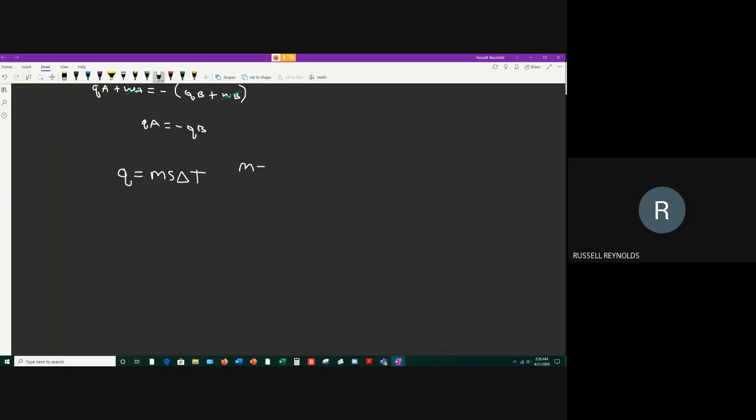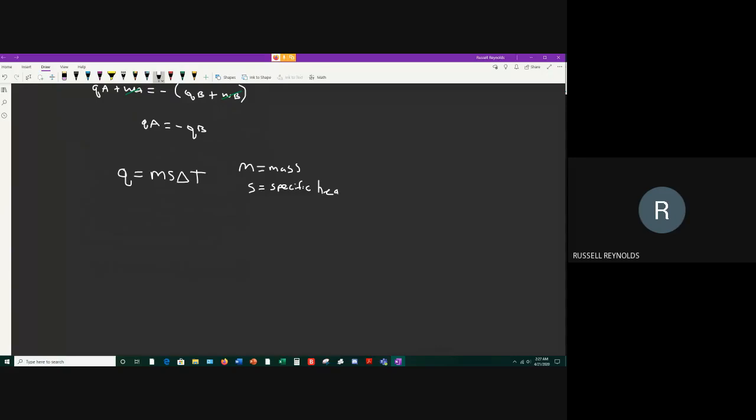So M is equal to mass, usually in grams. So typically the mass will be measured in grams. S is equal to the specific heat, which is different for each individual compound. Different compounds have different specific heat measurements.